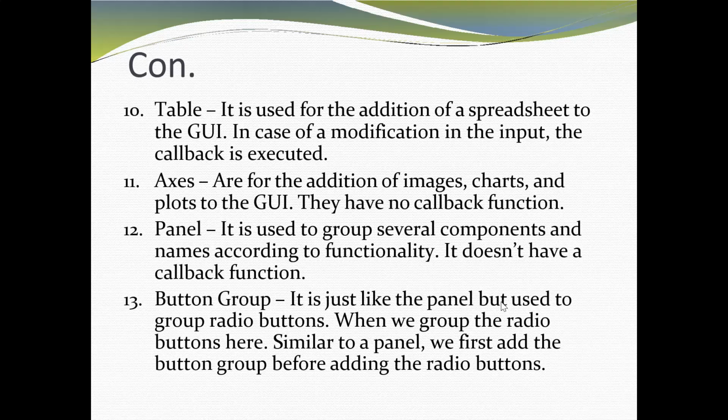These are for the addition of images, charts, and plots to the graphical user interface. They have no callback function. And then we have panels. These are used to group several components according to their functionality. It doesn't have a callback function.